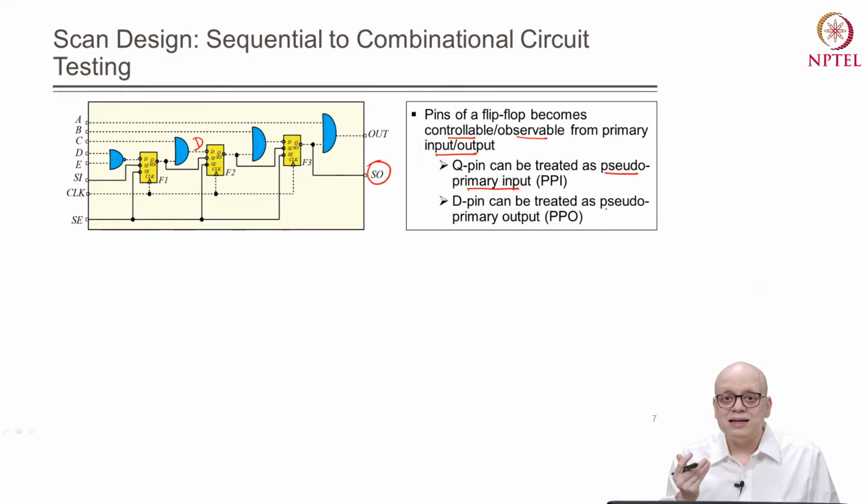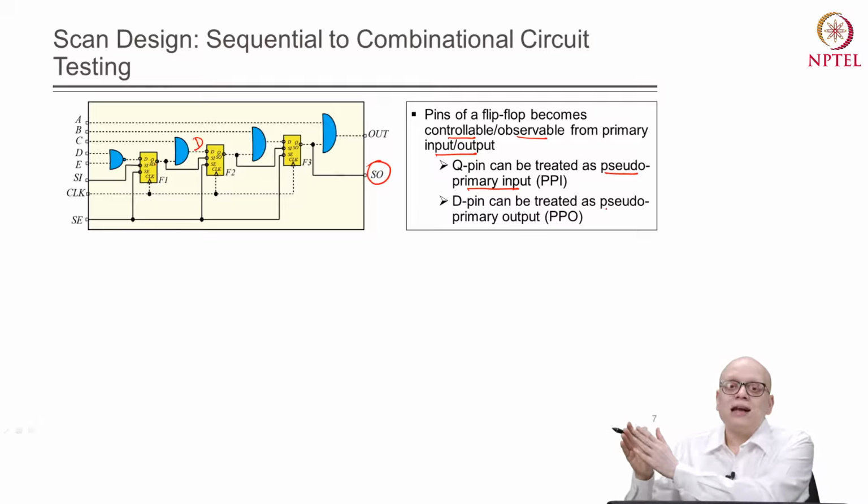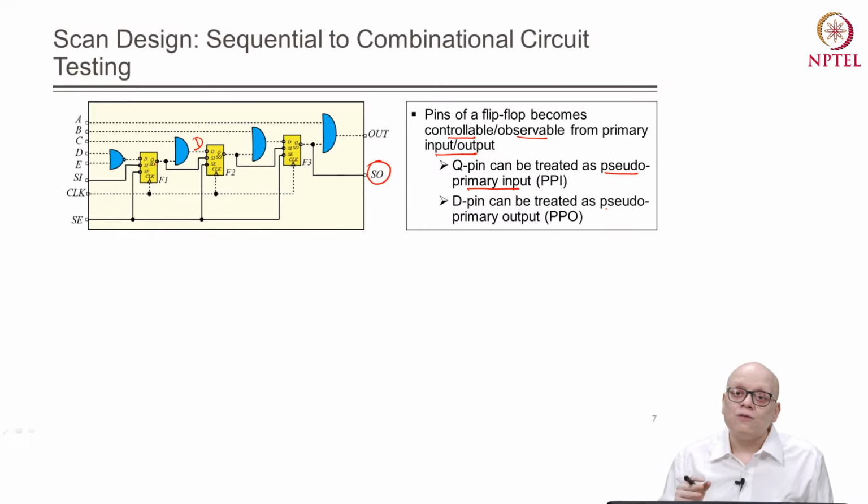The D pin can be considered an observability point. Whatever value is observed at the D pin can be propagated through the scan chain up to the scan output port, and therefore we can treat the D pin as a pseudo primary output for our sequential circuit after scan cell insertion.